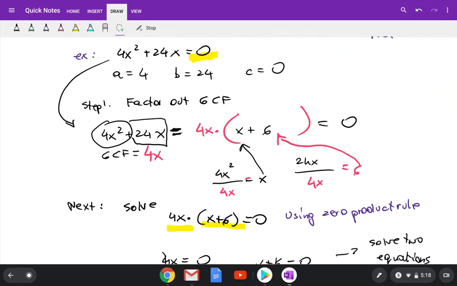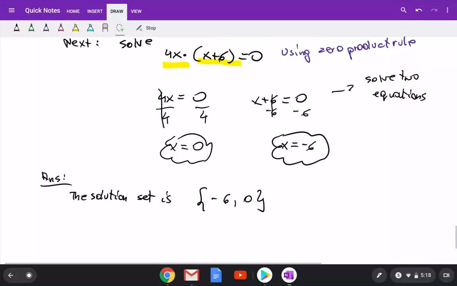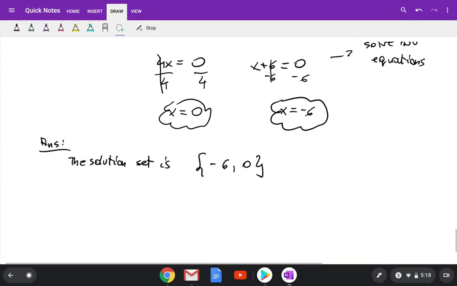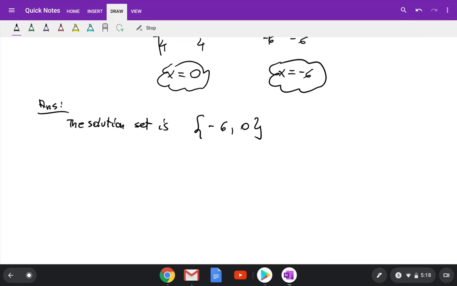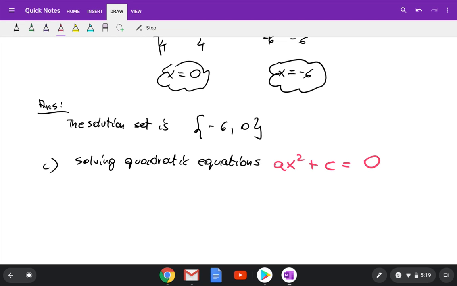Okay, type 3. So different example, still quadratic equation, but the next example which I'm going to show you is we don't have that bx, the coefficient b is equal 0. So solving quadratic equations ax squared plus c, again, a and c are real numbers.